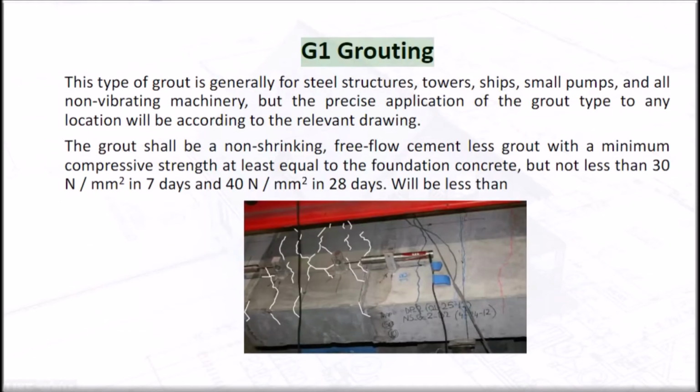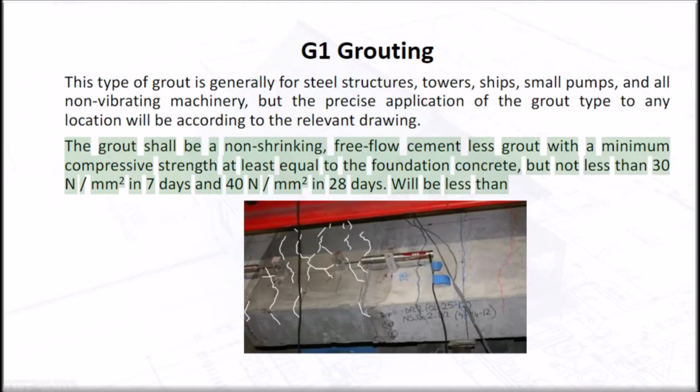G1 grouting. This type of grout is generally for steel structures, towers, ships, small pumps, and all non-vibrating machinery, but the precise application of the grout type to any location will be according to the relevant drawing.